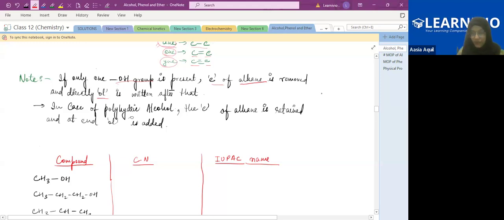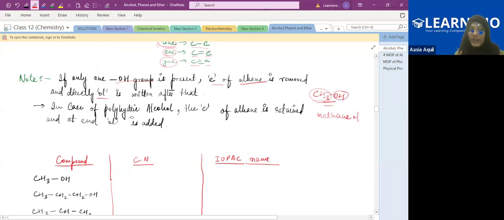Suppose it is CH3OH. What is the substituent? What is the parent chain? There is no substitution here, it's a very simple molecule. It's methane, so you write methane plus ol, methanol, since only one hydroxyl group is there.